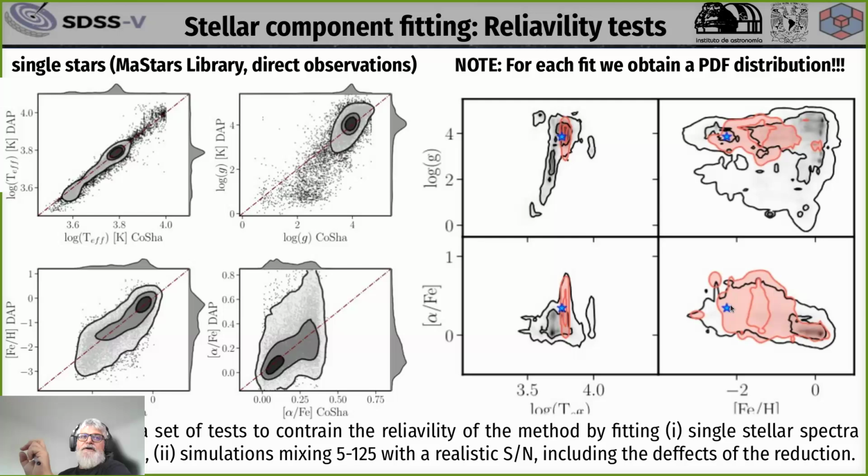Remember that the DAP recovers a PDF. So if you marginalize that, the gravity and temperature are recovered quite well. Of course, gravity is recovered well, but the abundance is not recovered quite well. And alpha enhancement has also a wide range of values for this particular star.